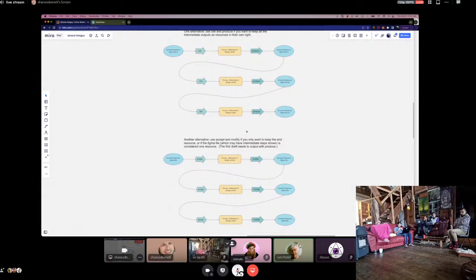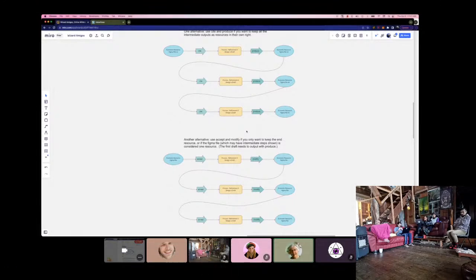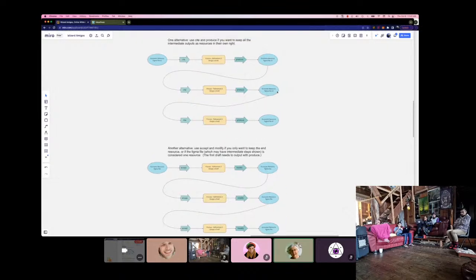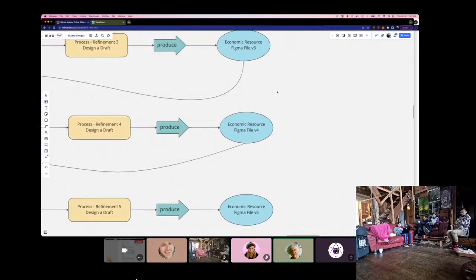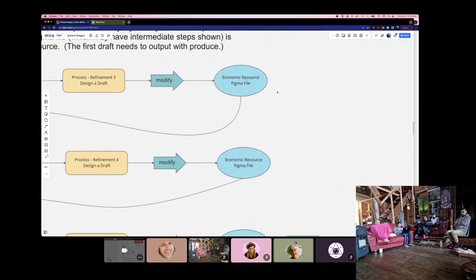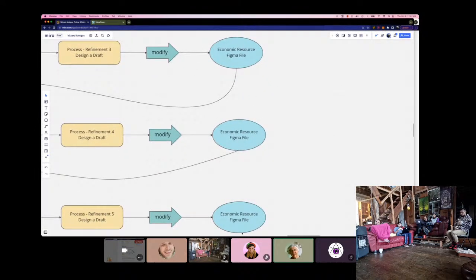There are correct ones and not correct ones, but there are definitely choices, and some of it has pretty concrete reasons to do it a certain way, like this example that Shane is showing right here. If you use cite and produce, you do that because you want to save each refinement as its own resource somewhere. If you use accept and modify, it's one resource that's traveling through multiple processes, and what you're going to end up with at the end is the Figma file as your resource.